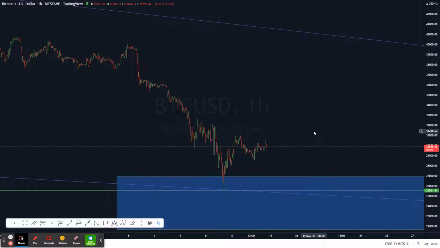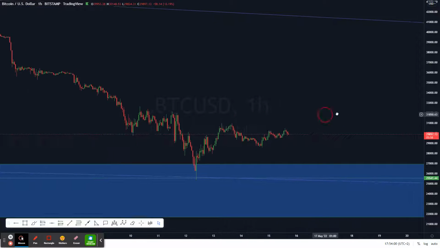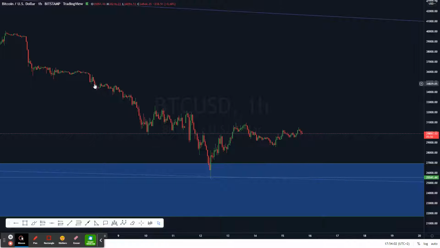So we see that right now we're currently consolidating, and there was a very big move from the top, came down here, retested here, and then came down to this level, back down to this level, up. And we can see this level here, it's actually where things are currently boiling.